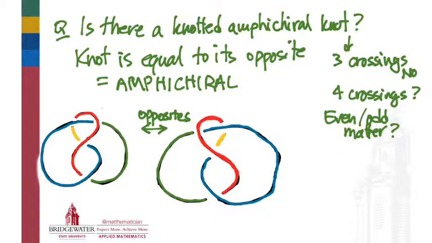Let's count overs and unders one more time, going from left to right. This is under, followed by an over, and then following the blue arc around, we've got an over and then an under, right?